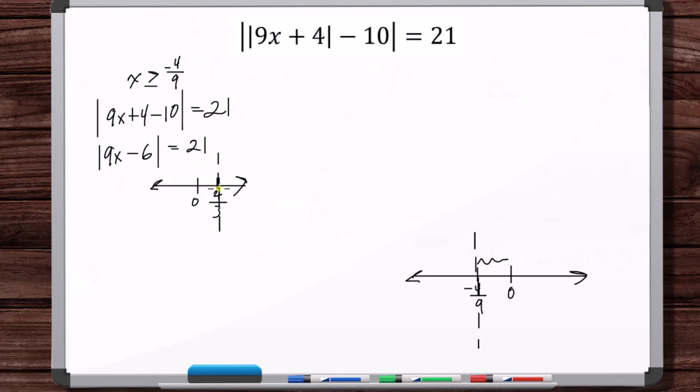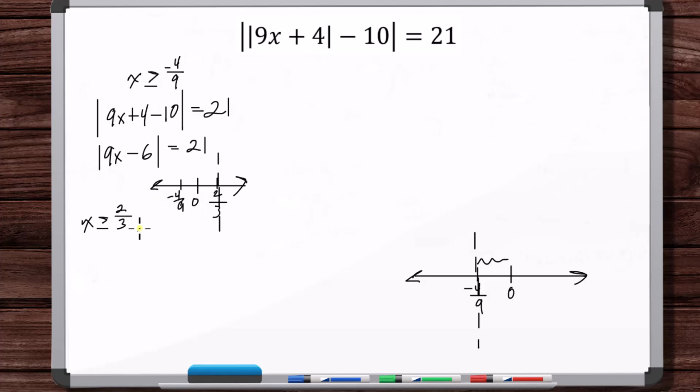If we were only dealing with values greater than or equal to 1, for example, then we wouldn't have to analyze two equations here because it wouldn't matter anyway. But here, since we're greater than or equal to minus 4/9, we are going to have to analyze both above and below 2/3.